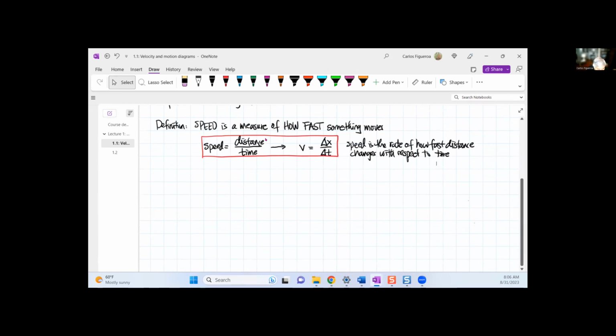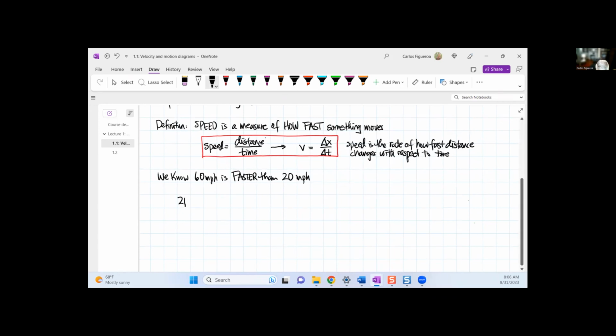You know that 60 miles an hour is faster than 20 miles an hour. But how do we write this so that it becomes a little bit more clear?